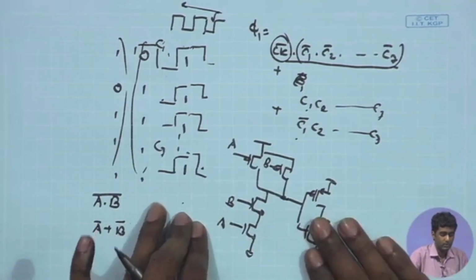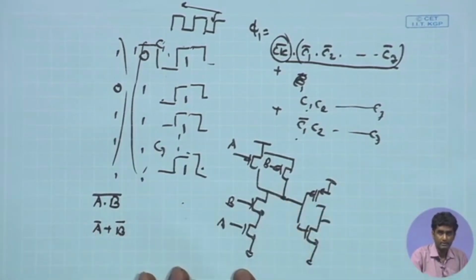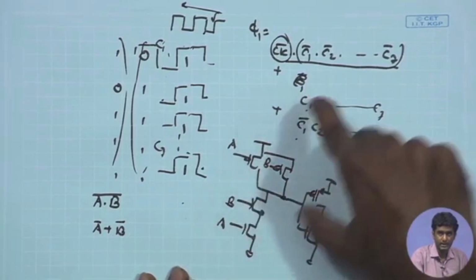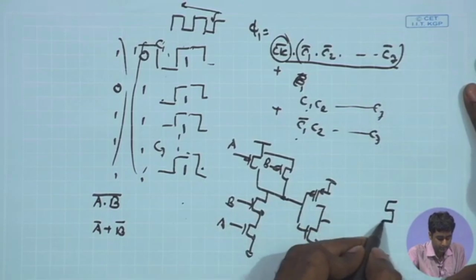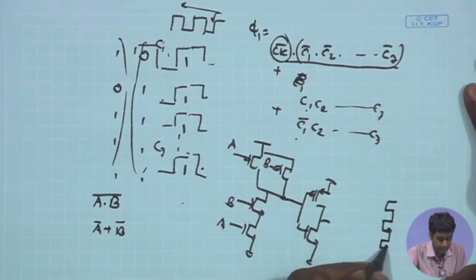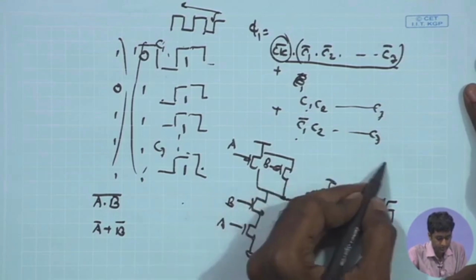Now, if we just go on adding these gates to implement larger logic functions, you will have a stack of n number of transistors. You will have 7 transistors, 8 transistors coming in, and you will have a huge chain of transistors over here.